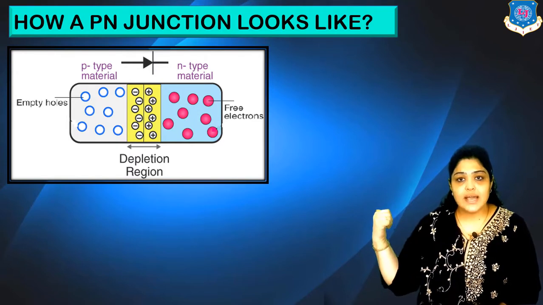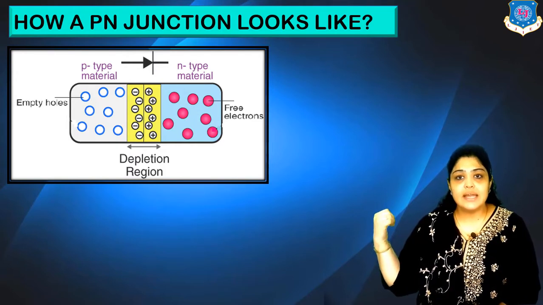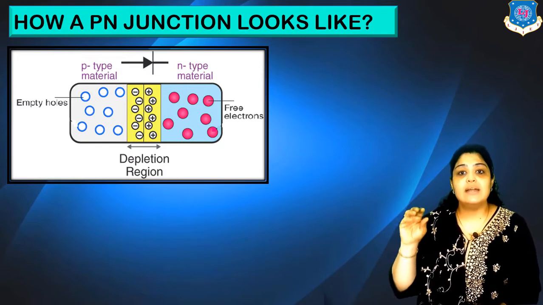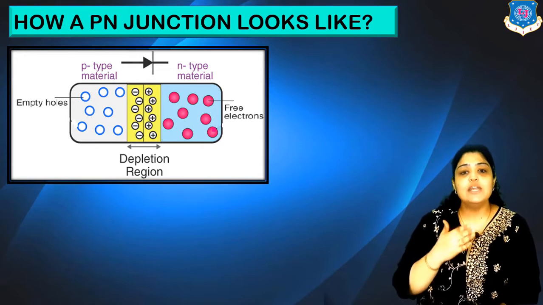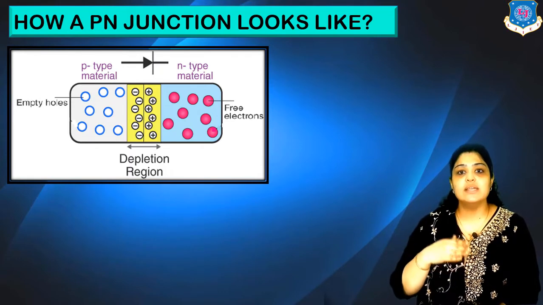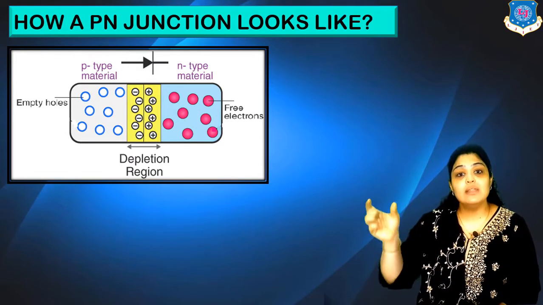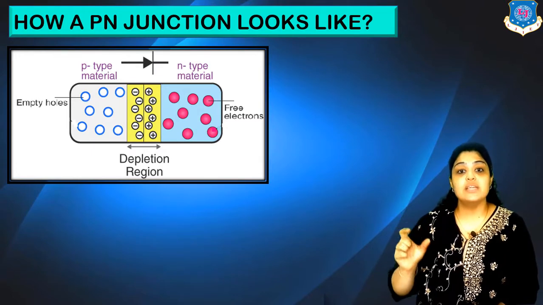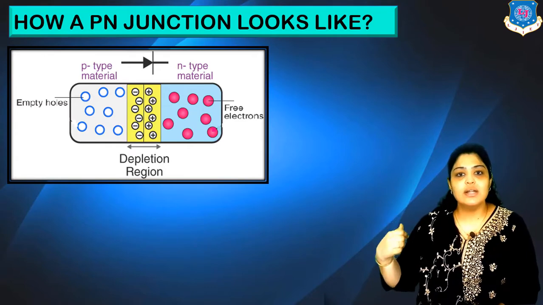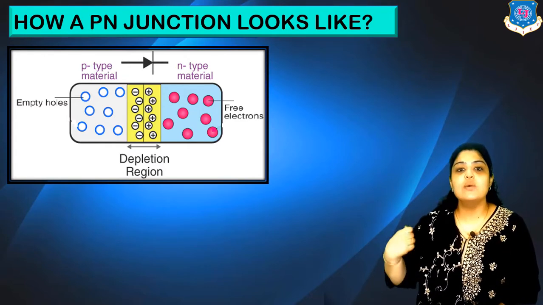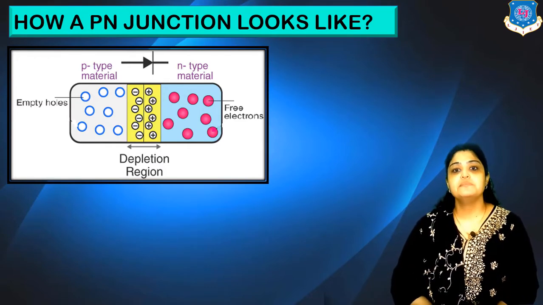So here in this diagram you can see that n-type is indicated by the blue color and free electrons are indicated by red. And on the opposite side, you have a p-type material where you can see the holes are present. And in between them, there is a layer or a region formed which is known as the depletion layer. We'll be discussing shortly what this depletion layer is and how it is formed.